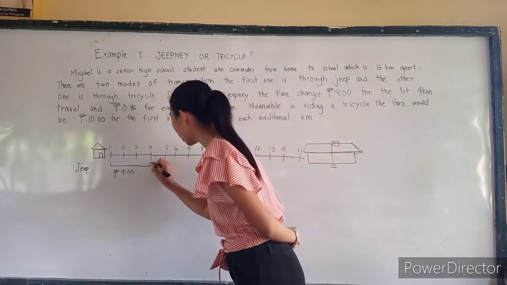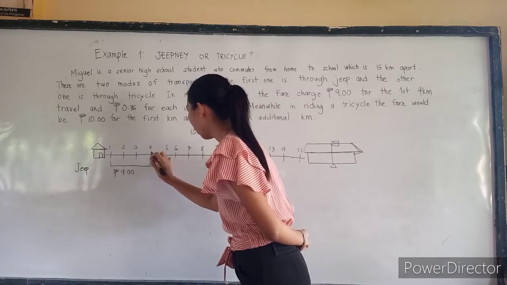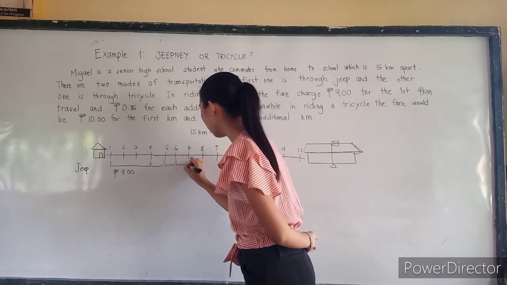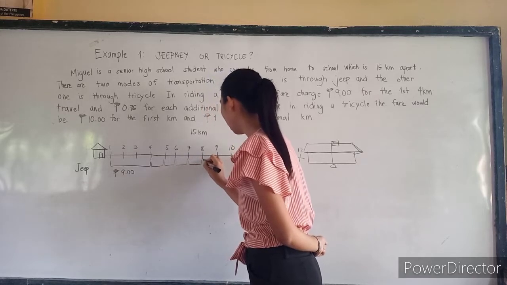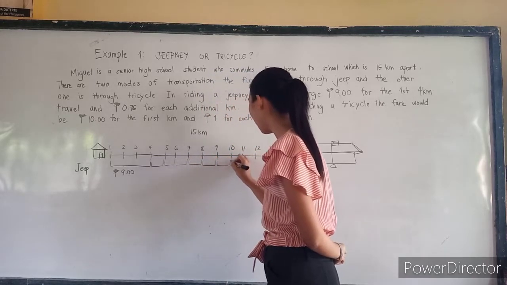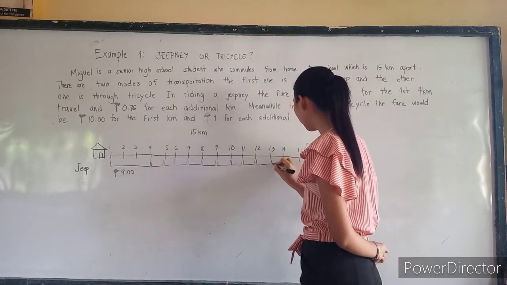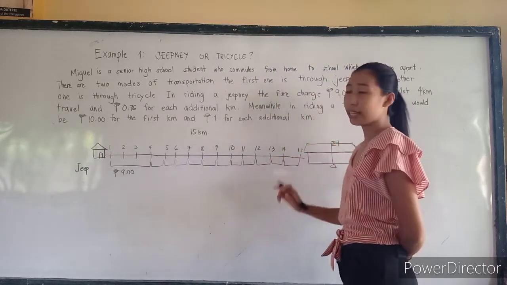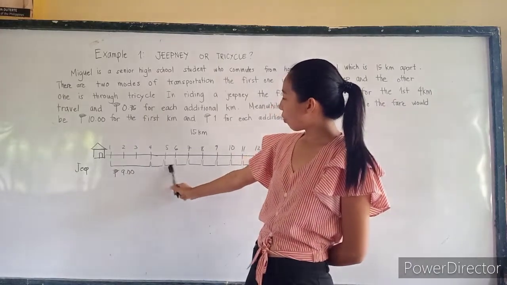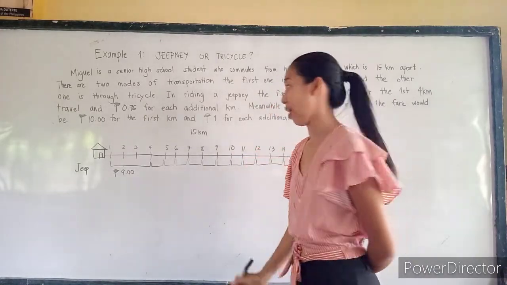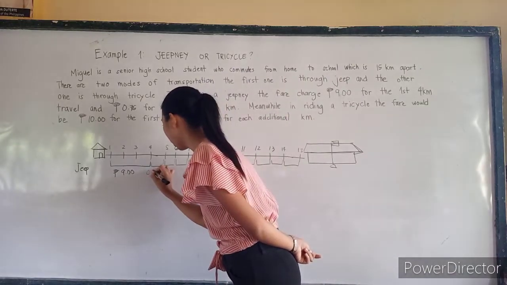And then every additional kilometer, meaning from the 4th kilometer to the 5th, then 5th to 6th, and so on, like this one. Ako i-drawing sa inyo para klaro gid kaayo kasi pasabot ay nga problem. Okay? Hantod sa 15, matag kilometro, mubayad siya or mag-add siya og 0.75 pesos.